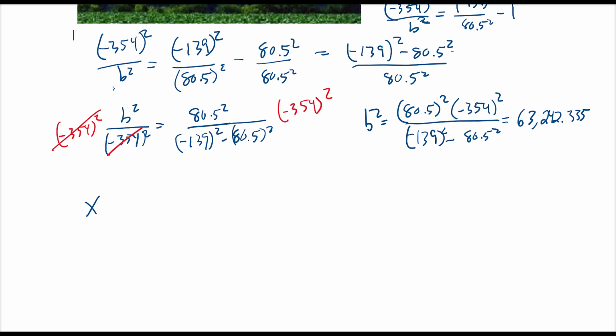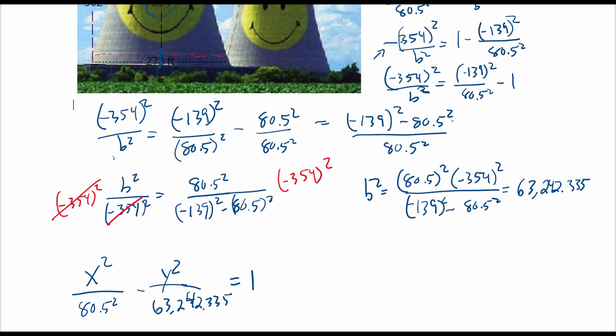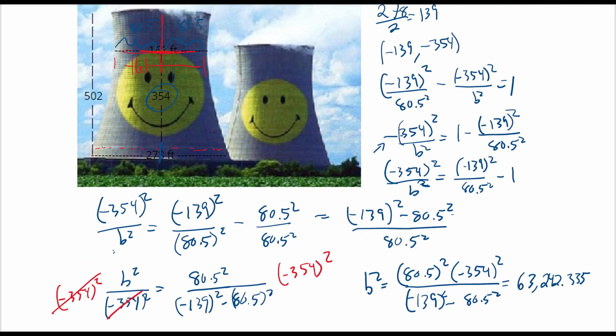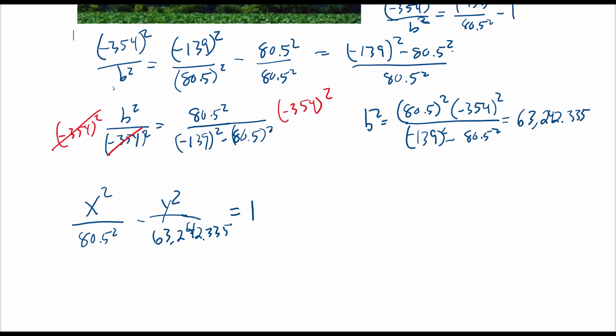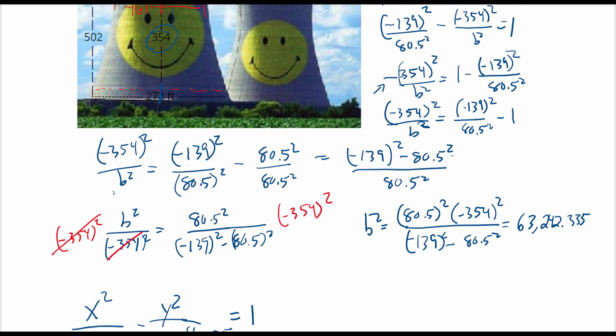So we're at x squared over 80.5 squared minus y squared over 63,242.335 equals 1. So now the question is, when we're at a certain height, 46 feet, what is the width going to be? And when it gives us the width, by the way, it's going to give us the x value, just half. It's not going to give us the whole thing, so we'll have to double it.